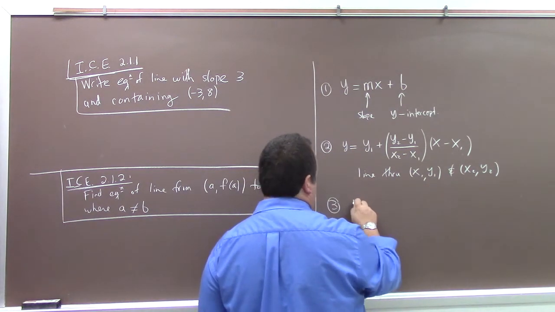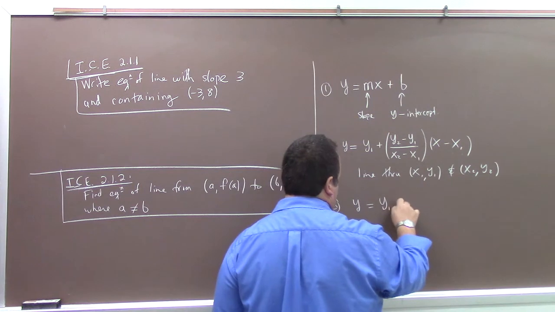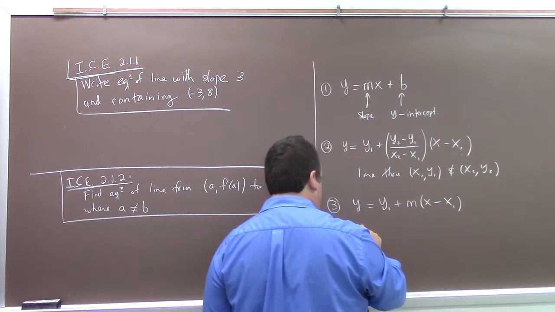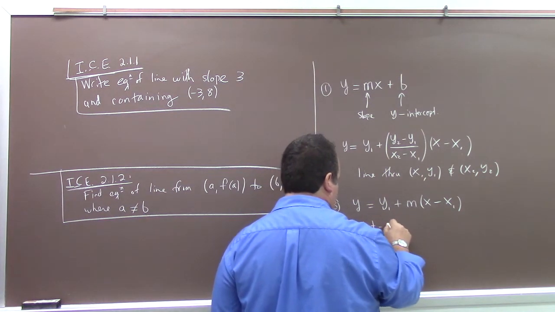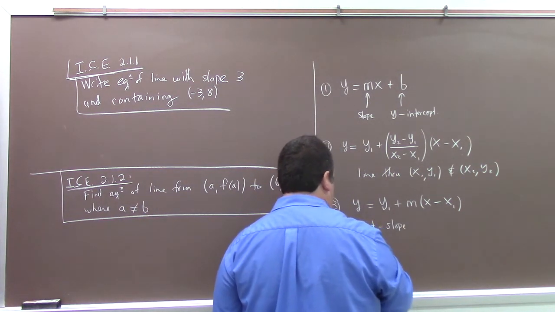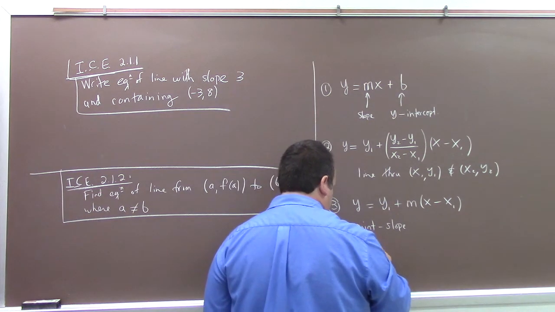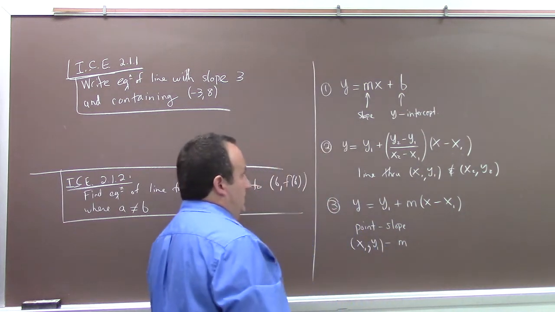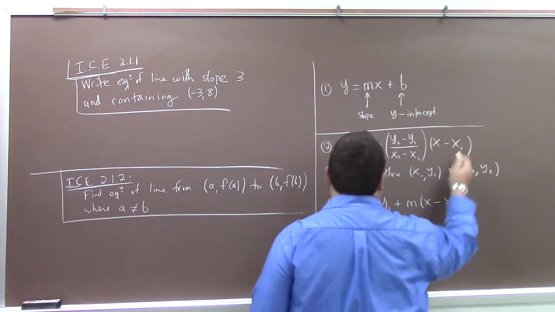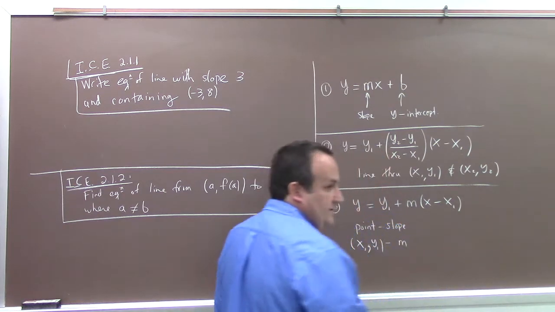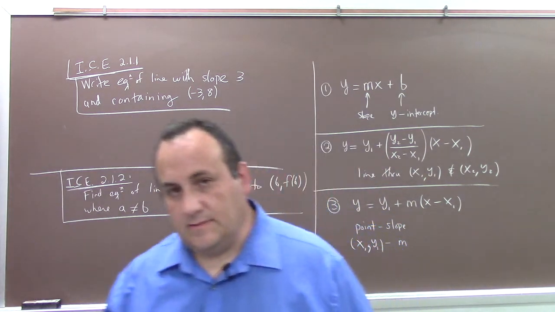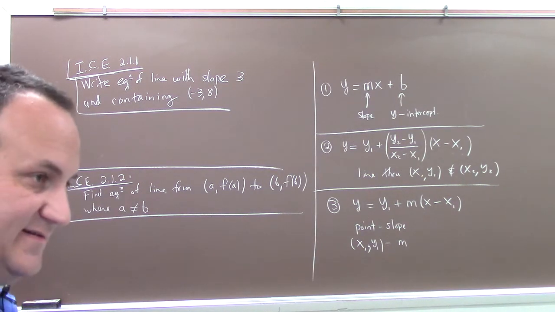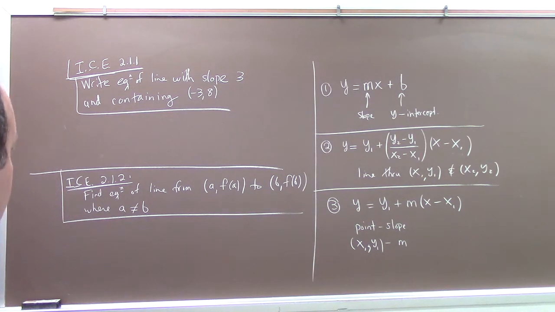So point slope looks like this. The point slope formula. The point is x1, y1. The slope, of course, is m. So the way I see it, those are 3 things that you should know from prerequisite study of lines. So now that I've reminded you, what should we use to solve ICE 211?